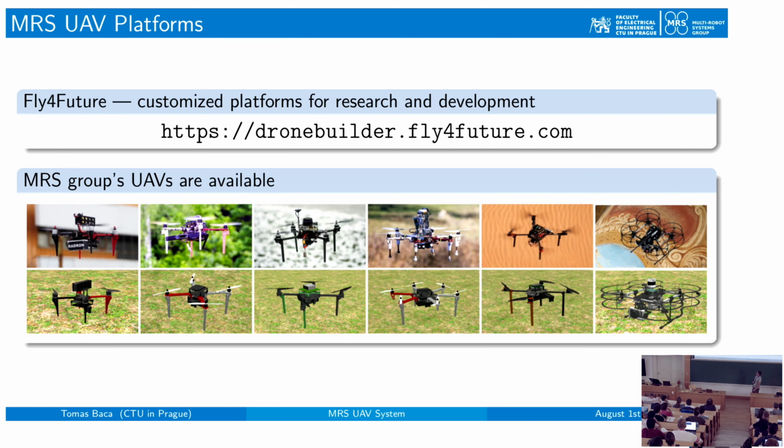If you desire, you can technically order one of those from our, let's say, friend company. You actually have the link on your beer glass if you forget it. So if you want to do your own experiments with drones, maybe using our system, you can totally replicate what we have in the lab, and you can build your own drones according to our setups.